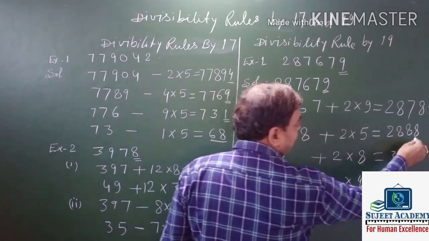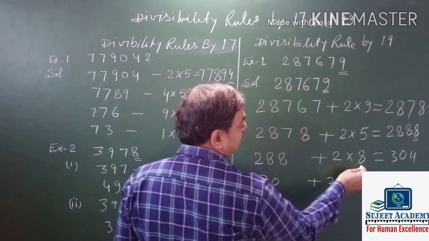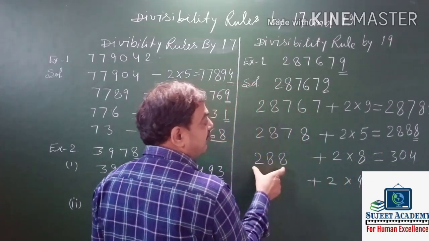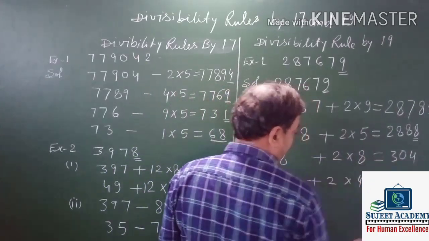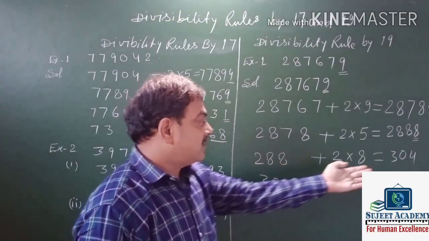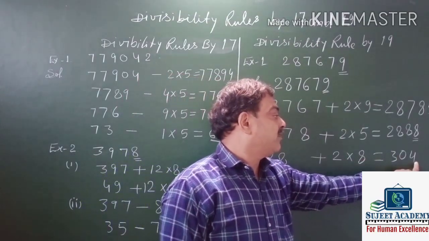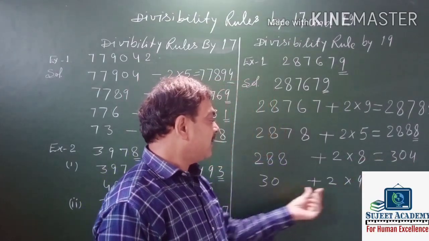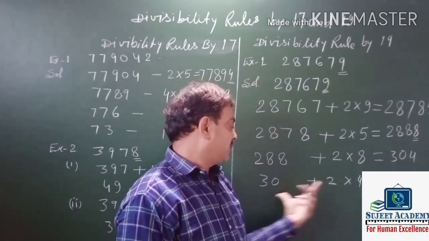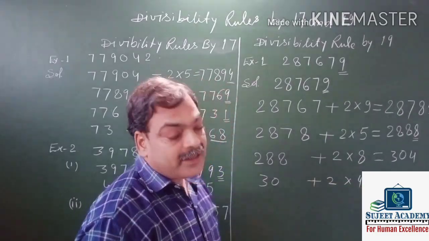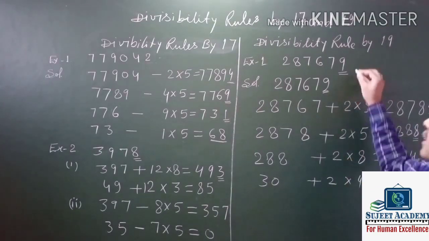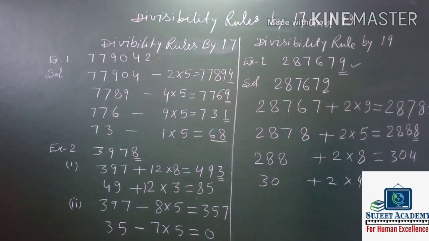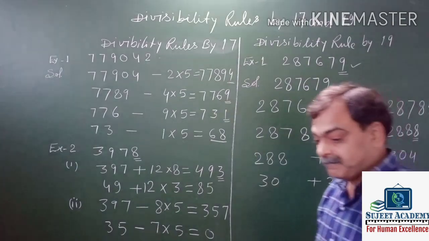Then again 8 is the unit place value, multiplied by 2, and the remaining part is 288, add it to get 304. In this number 4 is the unit place value, so 30 plus 2 times 4 is 38. 38 is divisible by 19. So this number is also divisible by 19.